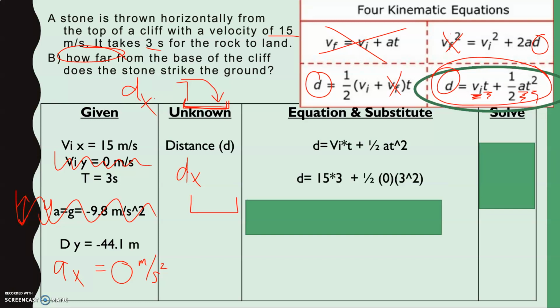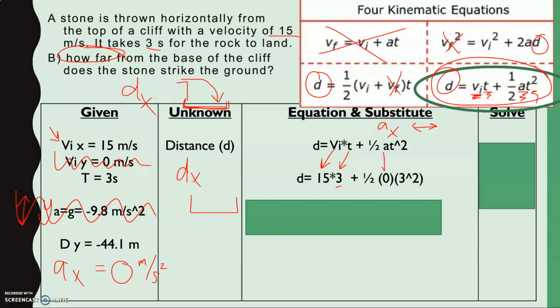So we know that the initial velocity is 15, because again, we're using the initial velocity in the x direction, times the time of 3 seconds, plus 1/2 times the acceleration. Remember, we're talking about an acceleration in the x direction. And for the x direction horizontally, there is no acceleration. It's constant.